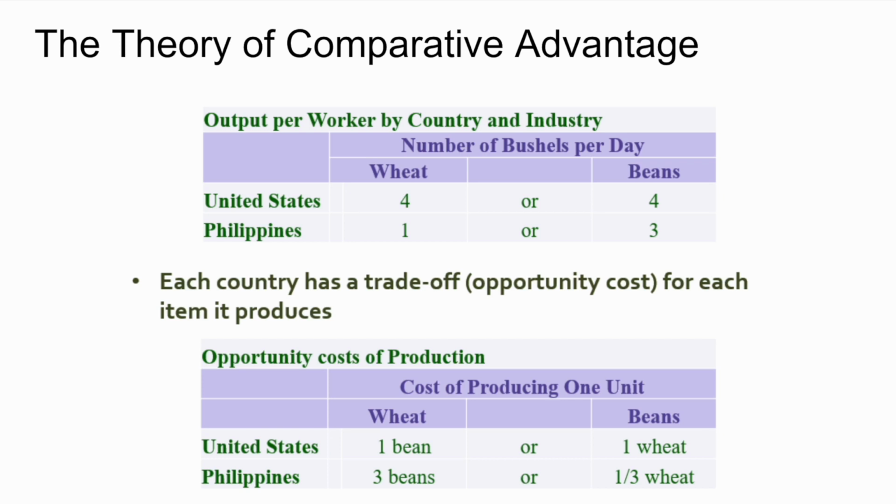So each country has a trade-off or opportunity cost for the items produced. So, if you think about it, the United States is either going to produce 1 bean or 1 wheat. That would be the trade-off, the cost of producing 1 unit. And the Philippines, they'll give up 3 beans in order to produce the wheat, or 1/3 of a wheat in order to produce the bean.